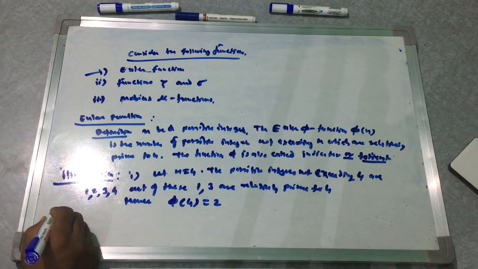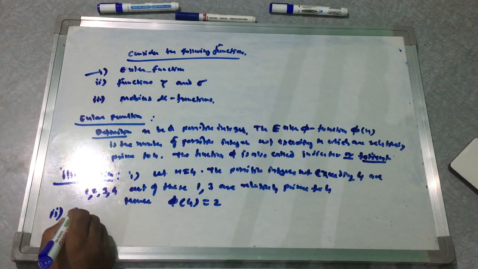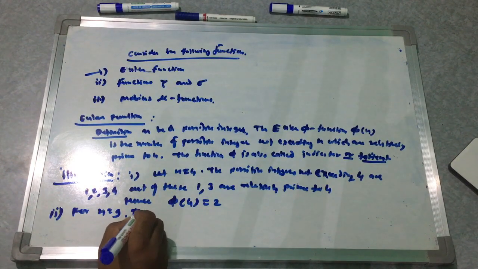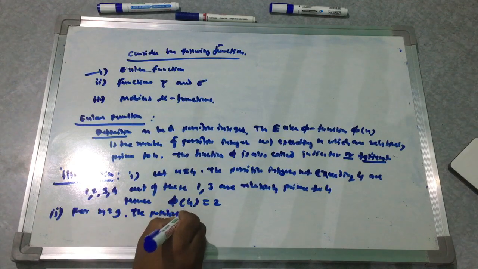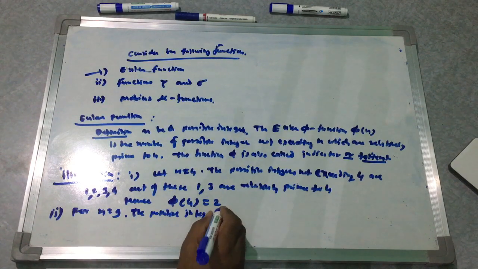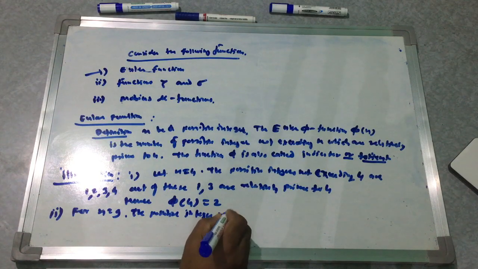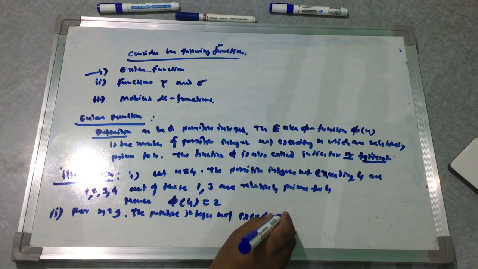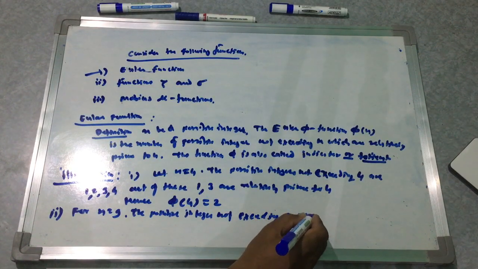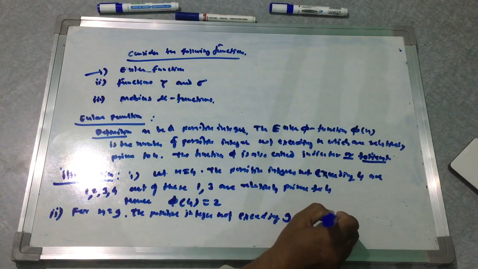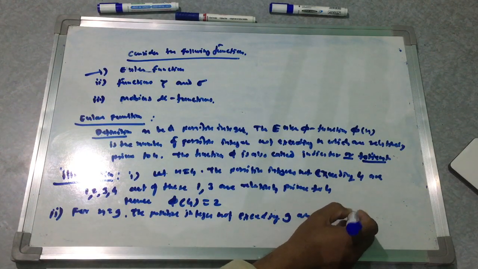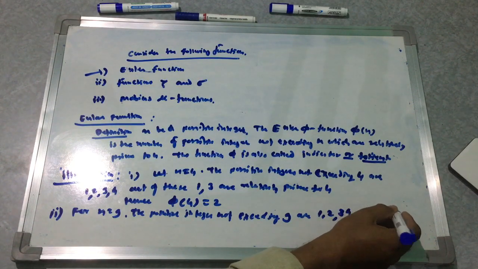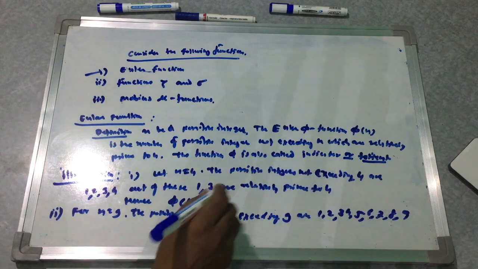Number 2, for n is equal to 9, the positive integers not exceeding 9 are the numbers 1, 2, 3, 4, 5, 6, 7, 8 and 9.